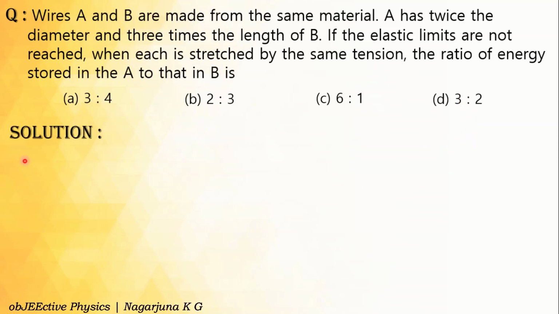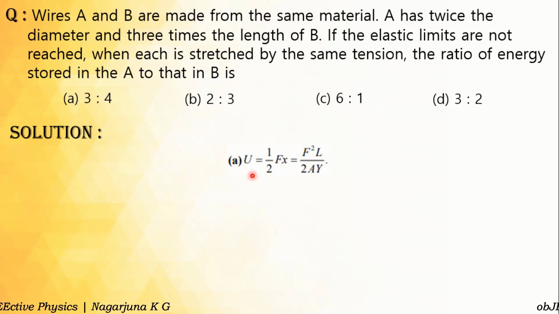Solution. We know that work done W or U is equal to half into F into elongation, or average force into elongation.